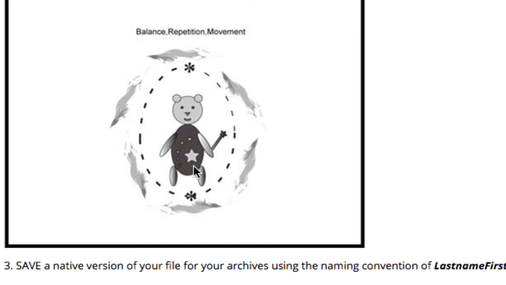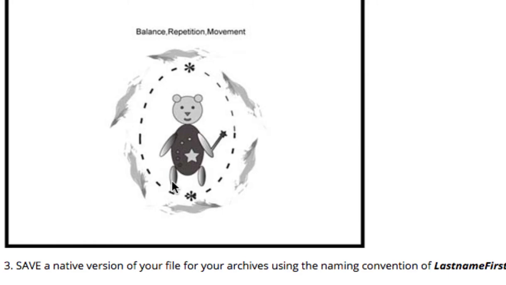Now the elements themselves are arranged in such a way that they showcase a particular principle of design, and there are many, and if you look at your chapter in your textbook, you can look up the principles of design and see what they are. But in this case, I've used balance, repetition, and movement.